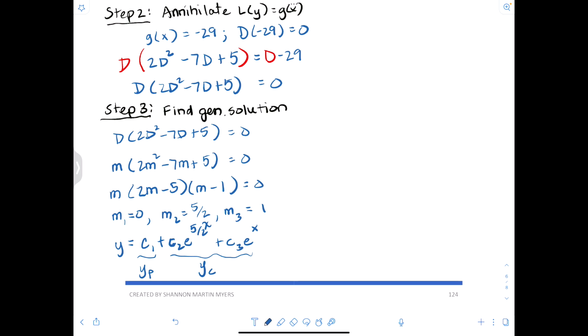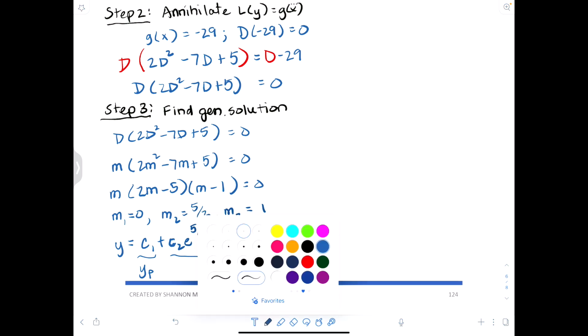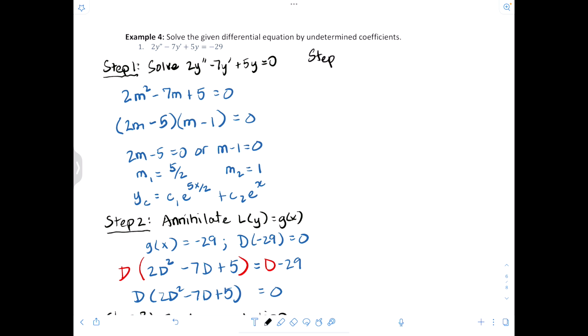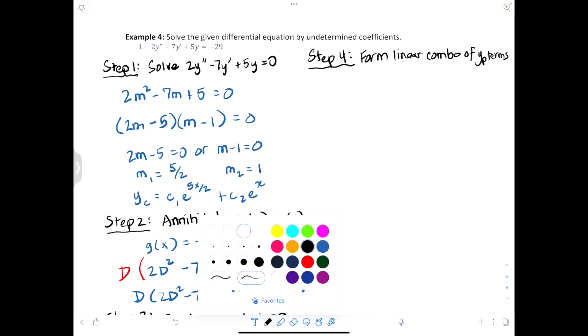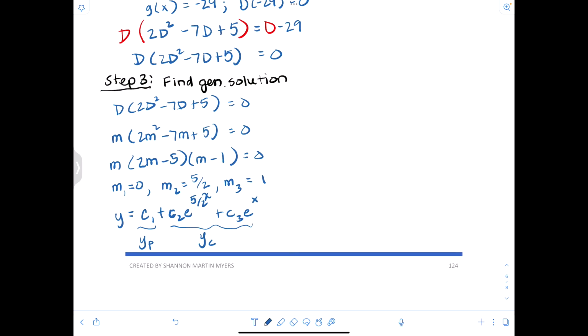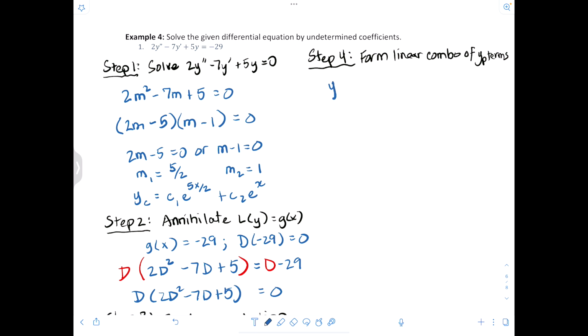So next step is we need to form a linear combo of our particular solution terms. It turns out in this case we only have one term for our particular, so we would let yp be equal to some a.